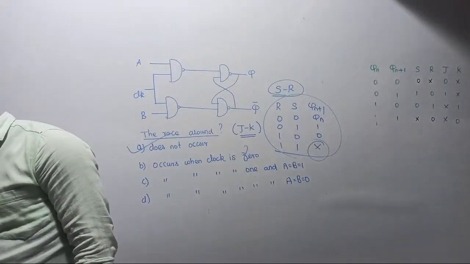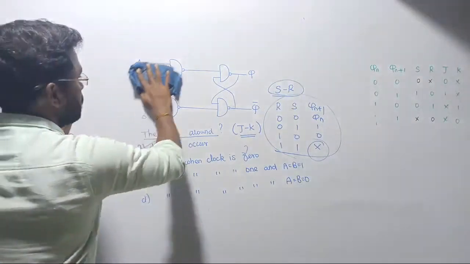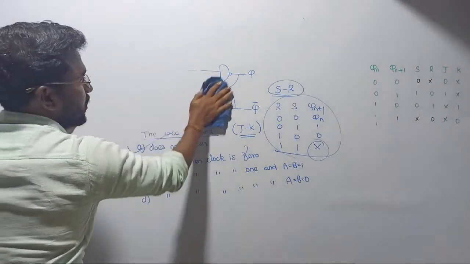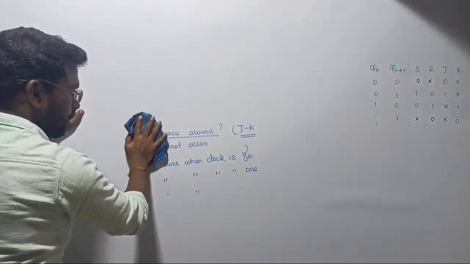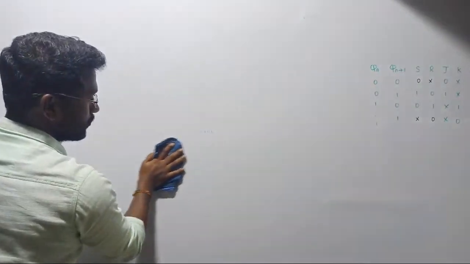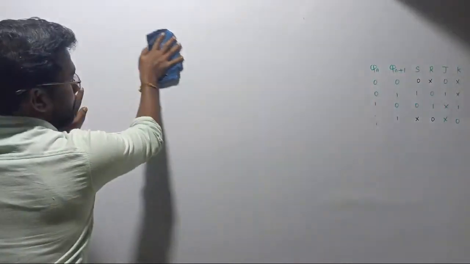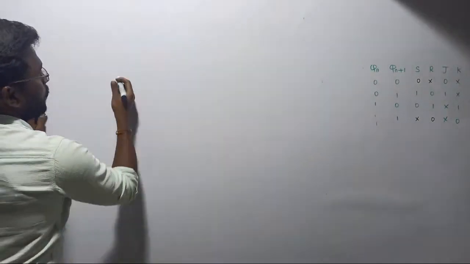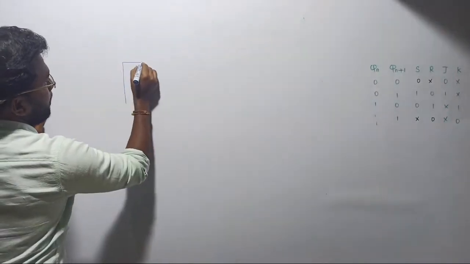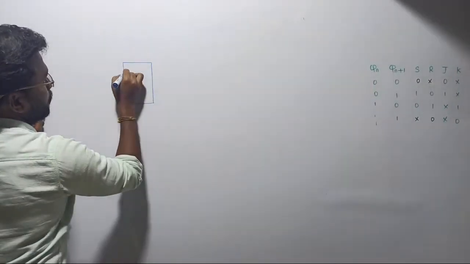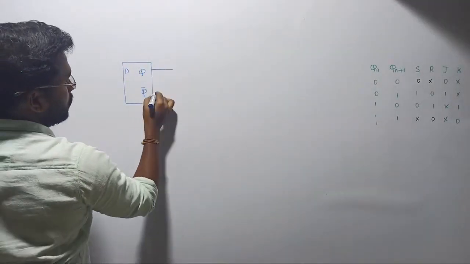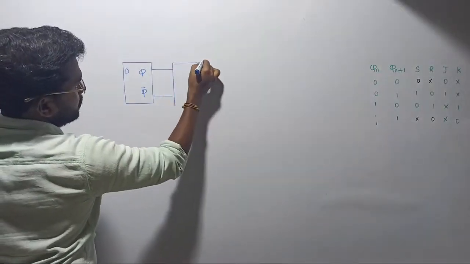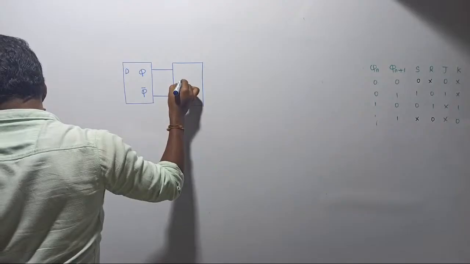Let us discuss the next one, the state transition diagram. The next question is: state transition diagram is what? Let us see. This is a D flip-flop, Q bar, which will be given to the mux.